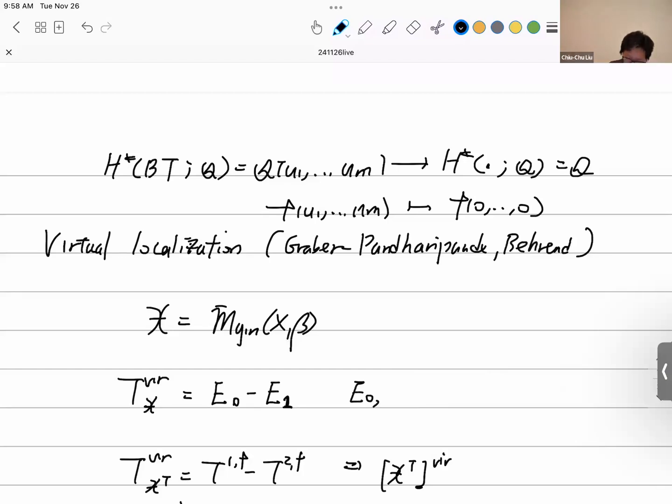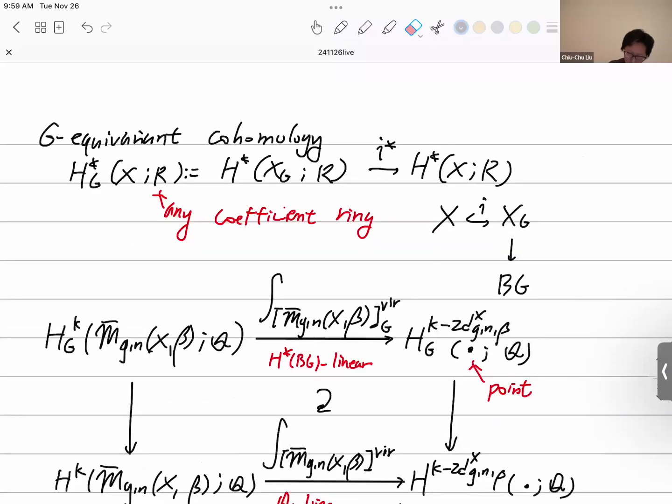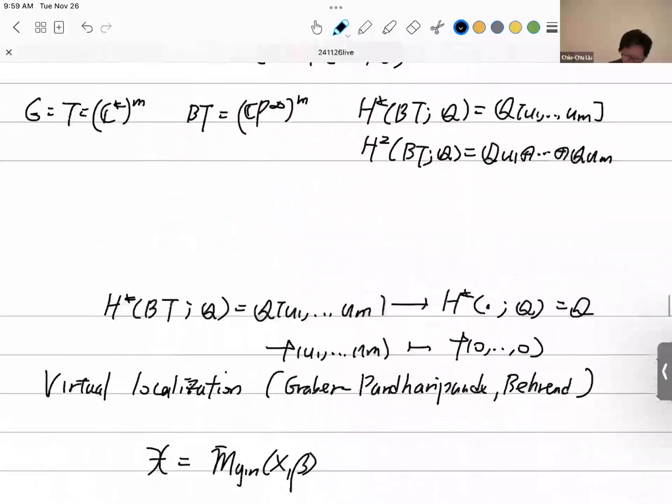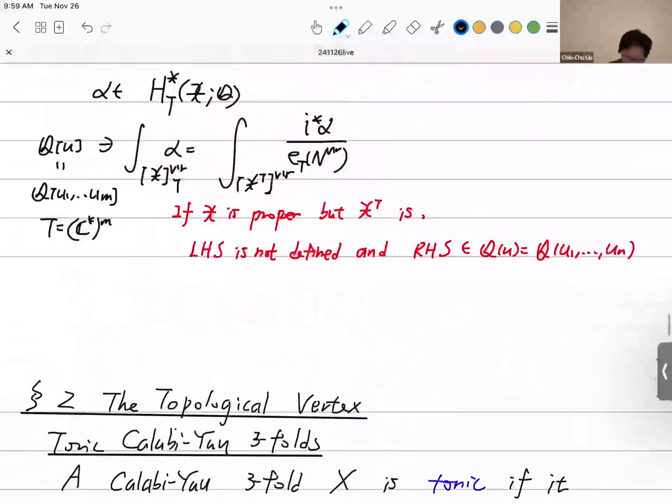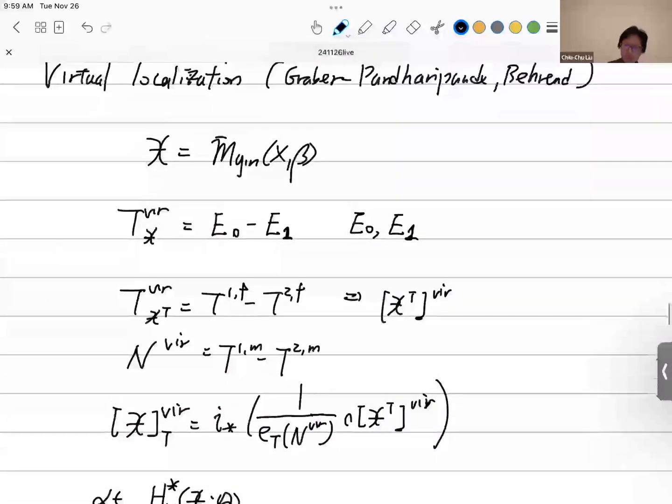But now in the G equivariant case, E0 and E1 are G equivariant. Let's just focus on the case where the group is a torus, so these are T equivariant vector bundles.